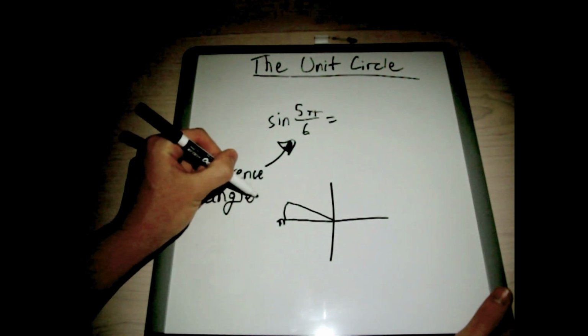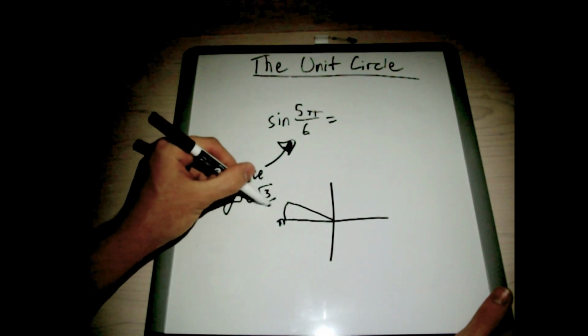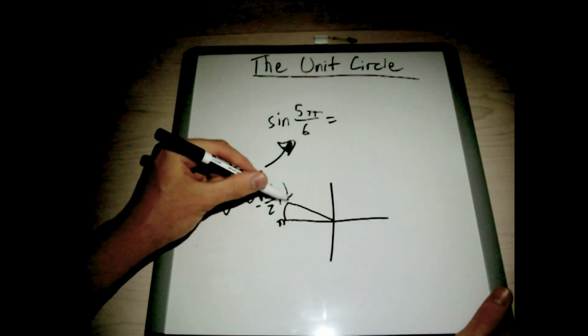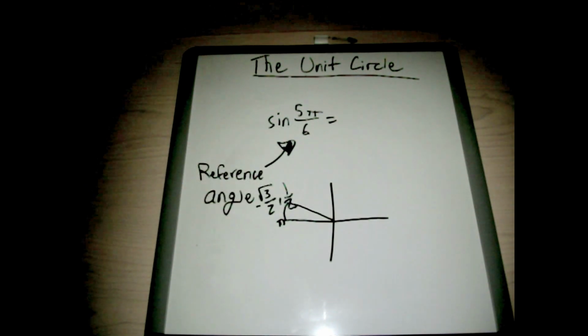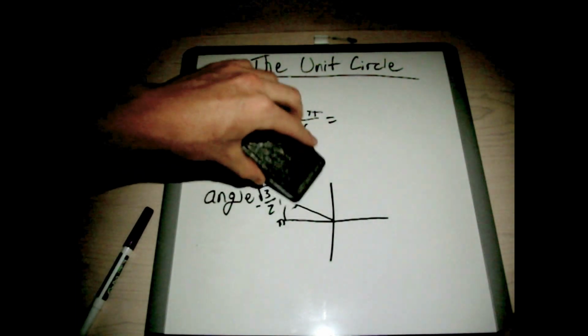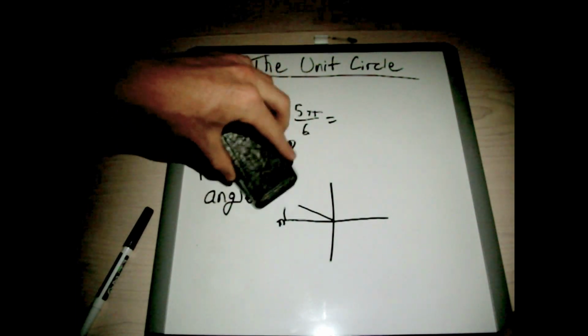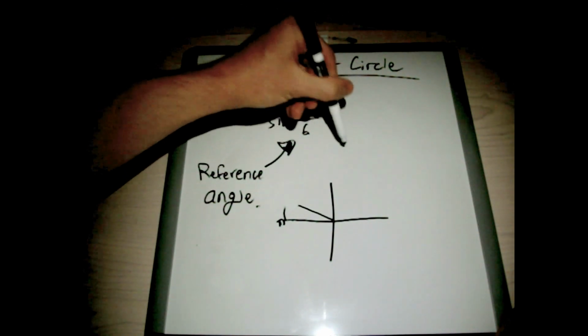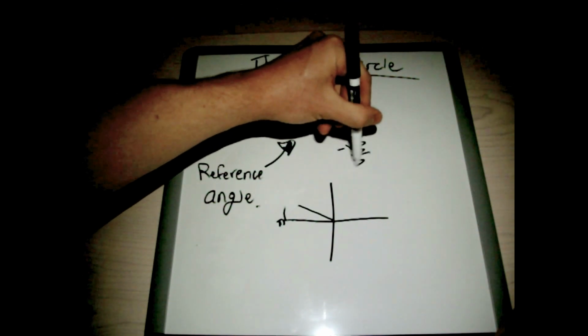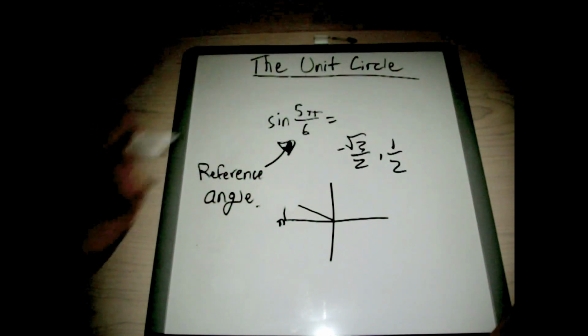So knowing the coordinate is negative square root of 3 over 2 and 1/2, you have two options to choose from for the answer. Here, let me make that to where you can see it better. So the coordinate is negative square root of 3 over 2 and 1/2.